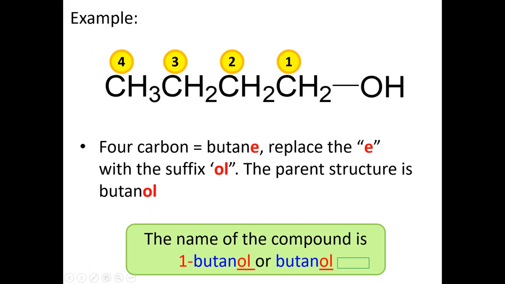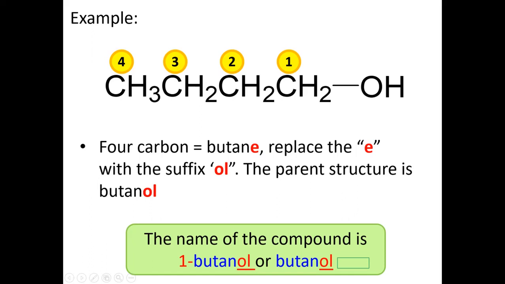So 4 carbons refers to butane. For butane, you need to replace the E with OL, and the parent structure will be butanol. The name of the compound is 1-butanol or butanol.